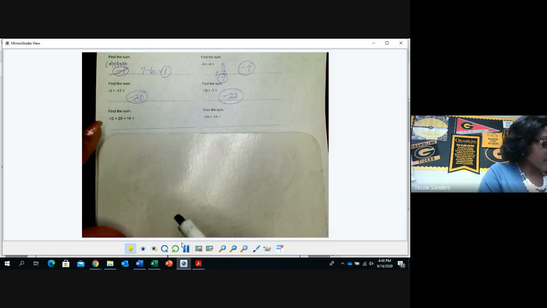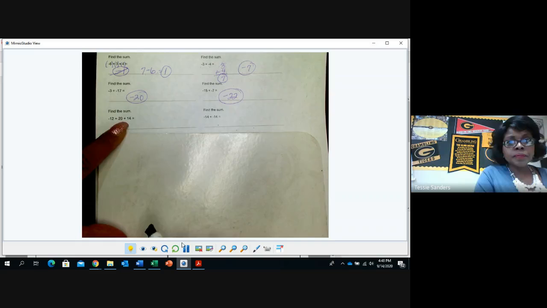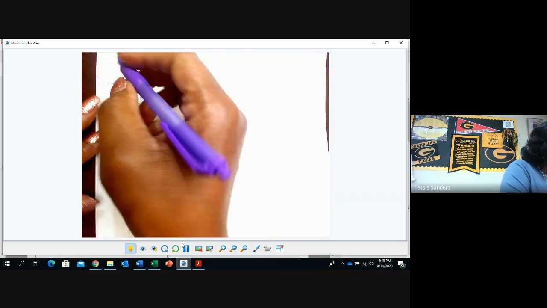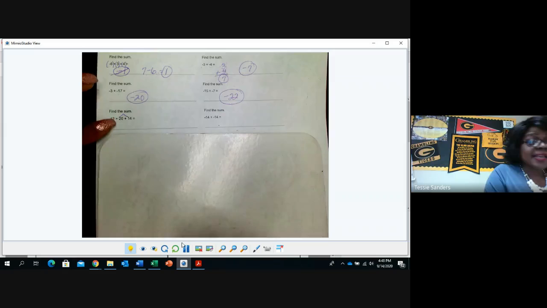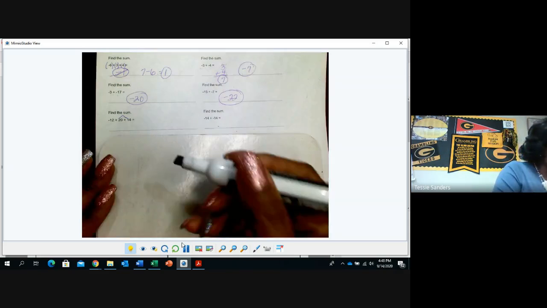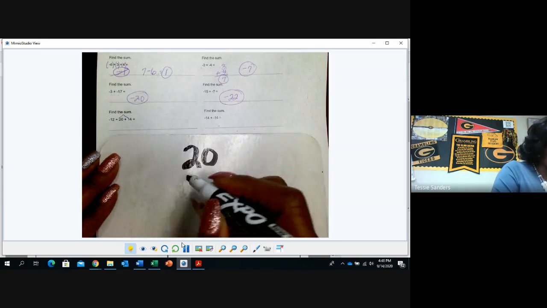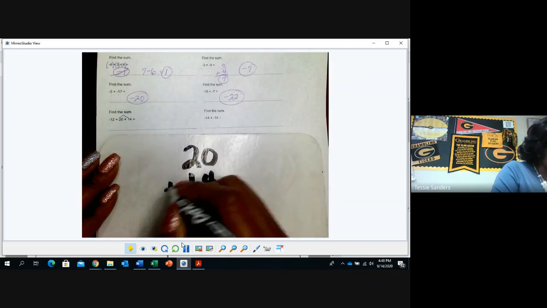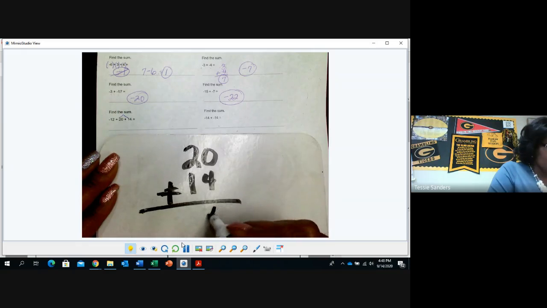All right, we have negative 12 plus 20 plus 14. Let's add 20 and 14 first because they are like signs. Always tackle like signs first. So we will rewrite the problem. 20 plus 14. 0 plus 4 is 4. 2 plus 1 is 3.